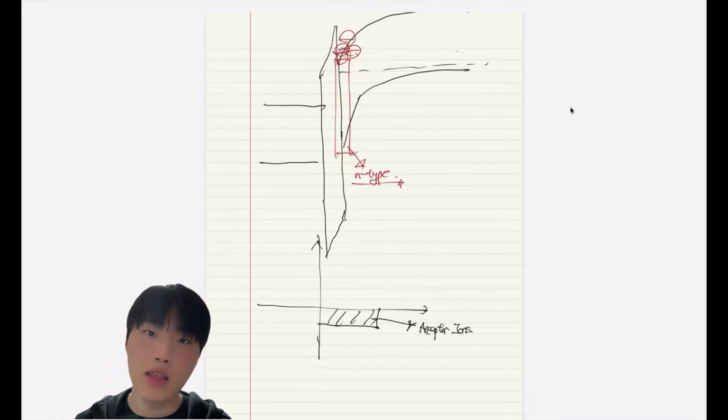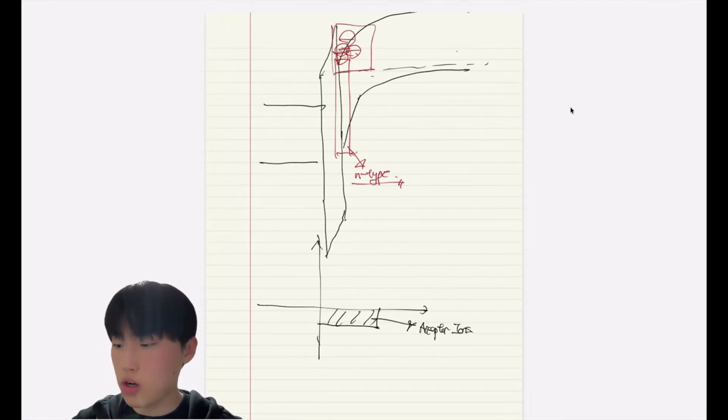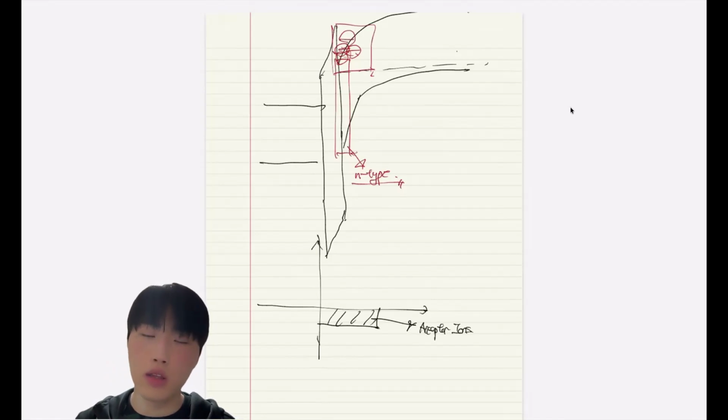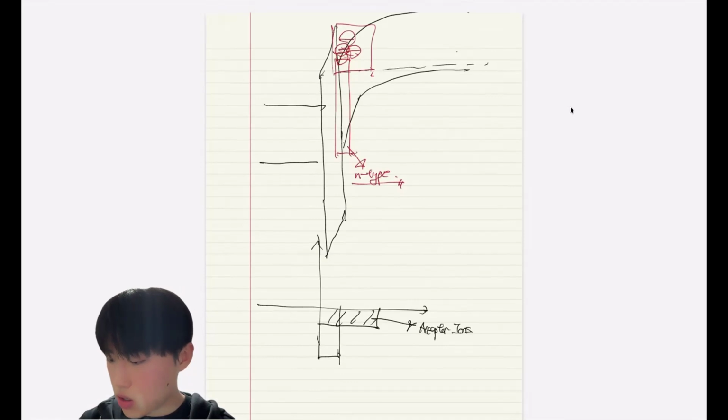But as we see in this energy band diagram, the electrons are stored on this surface part.